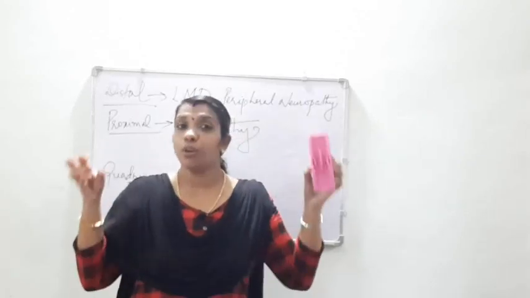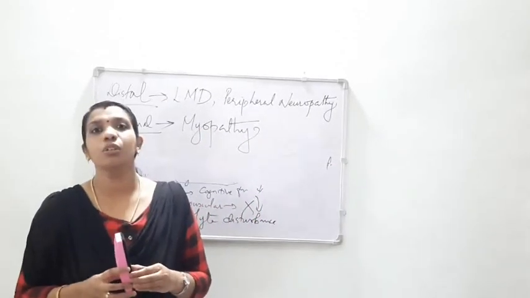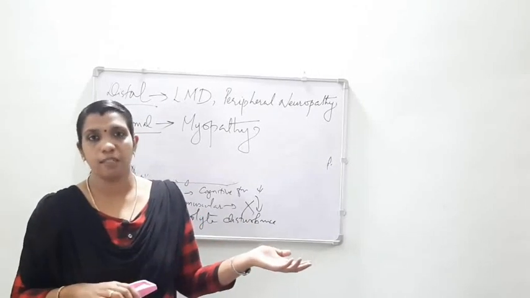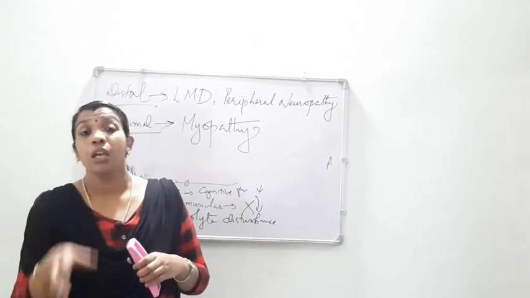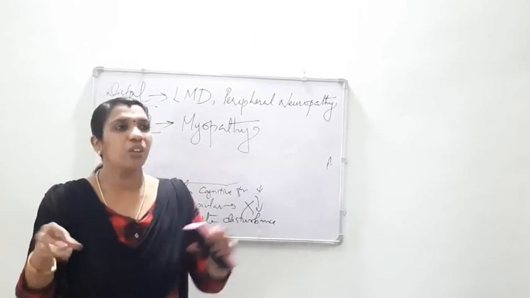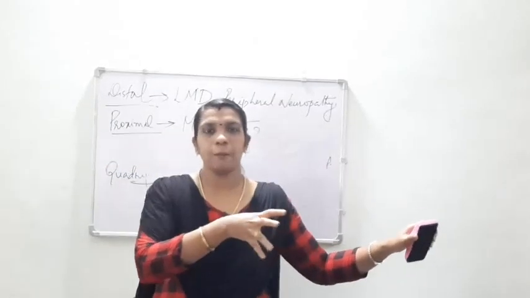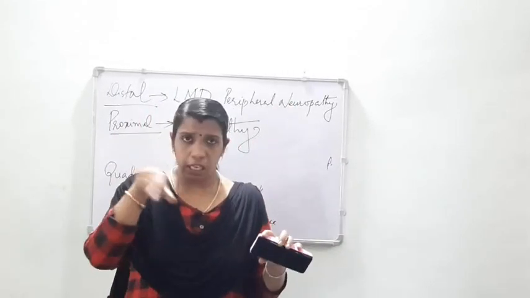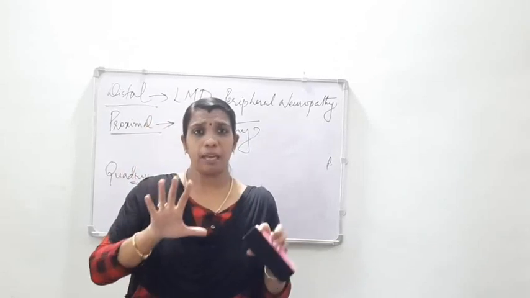And don't forget the most important thing you should do in case of weakness, which is electrolyte disturbance. Also go for serum electrolytes, thyroid level, and diabetes mellitus, the blood sugar. These are the most important investigations which revolve around weakness and paralysis.